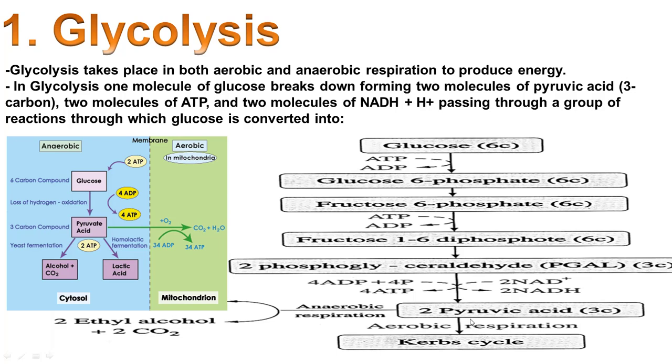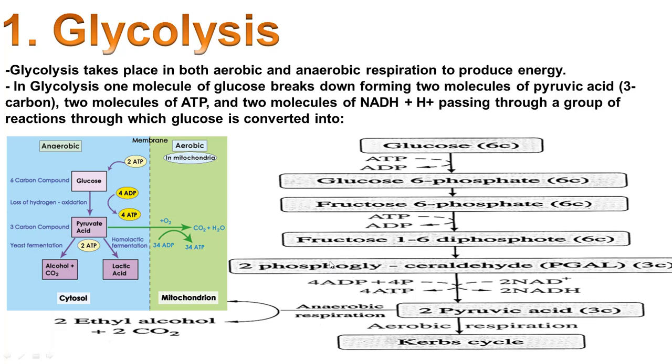Pyruvic acid also consists of 3 carbons, but H4 instead of H6. So two hydrogens get out, carried by NAD to NADH. So we have two molecules of the coenzyme NAD going to NADH. Also we have two phosphates.